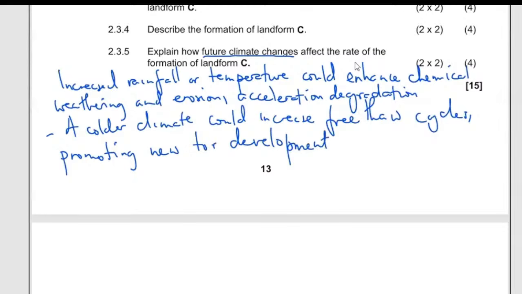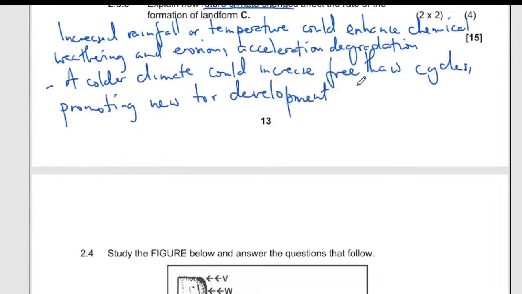So ultimately, we are also seeing the influence of cold temperatures. New tors are likely to develop because of the cold conditions, whereby accumulated water in cracks will freeze and widen the cracks and ultimately lead to formation of new granitic tors. Right. That was question 2.3.